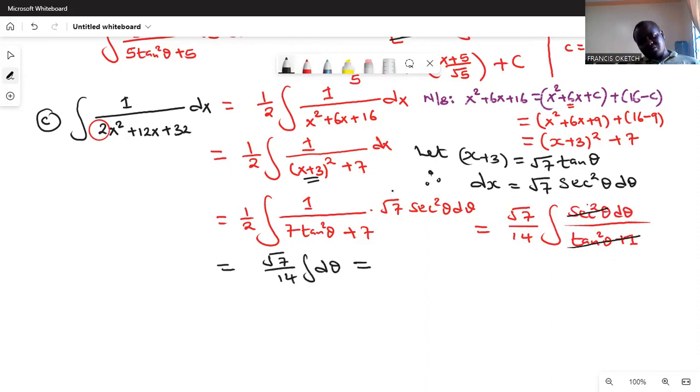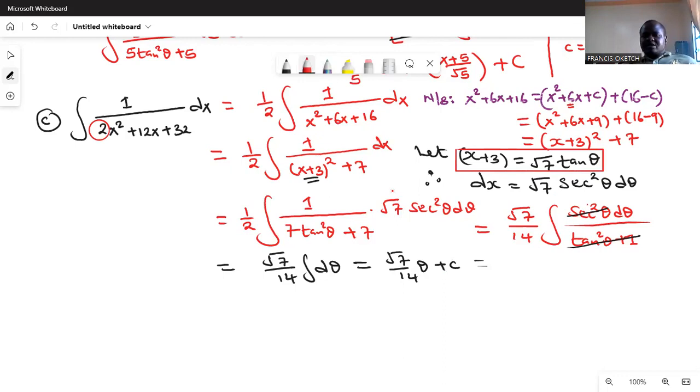And this should give you what? Root 7 over 14 theta plus c. And what do you get when you replace theta? We need to know what theta is. So you go back here and make theta the subject. To get theta, we first of all divide by root 7 so that we have x plus 3 over root 7 equals tan theta.